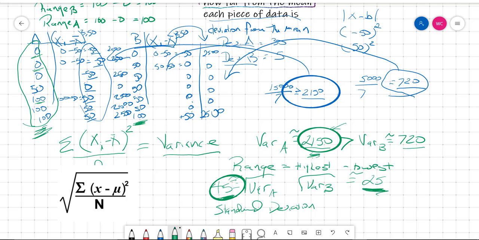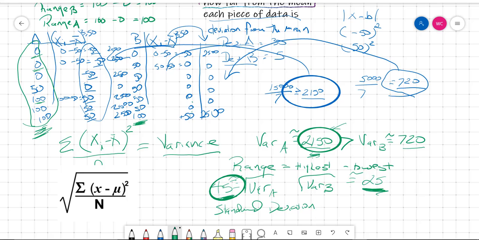So the standard deviation for A might be close to 45. I just did a really bad approximation. The standard deviation for B, with a really bad approximation, was 25. So that is what we mean by the variance and the standard deviation. Now we have two or three different ways to measure the variation in data.